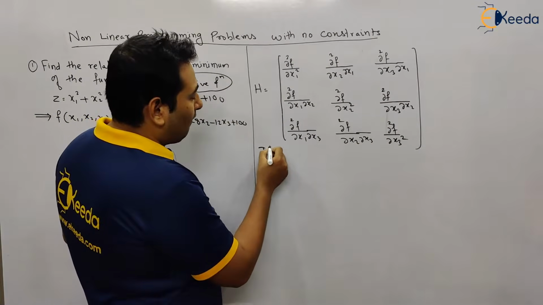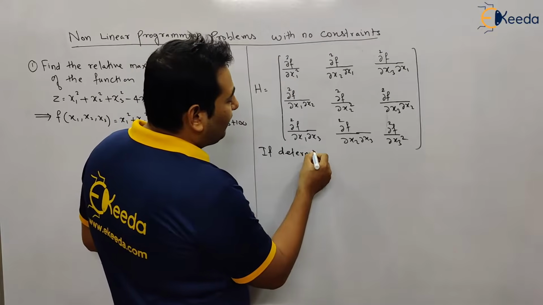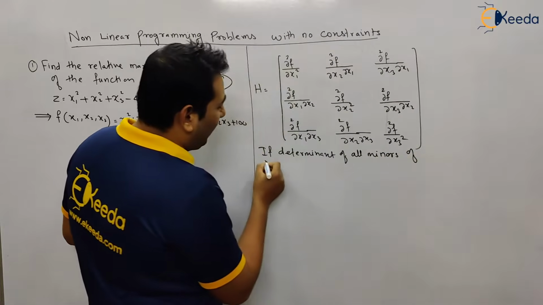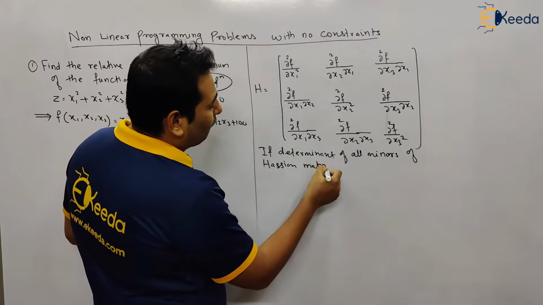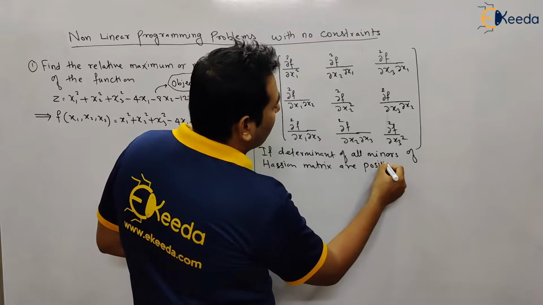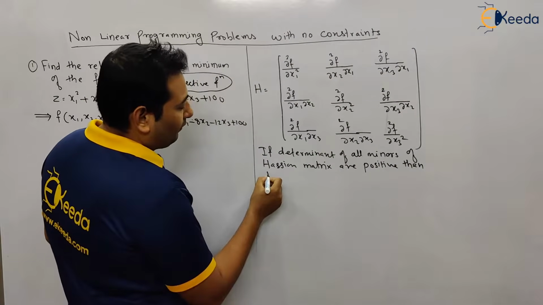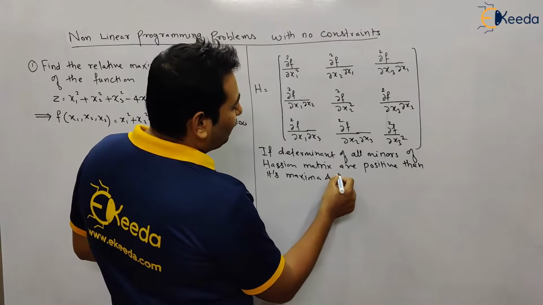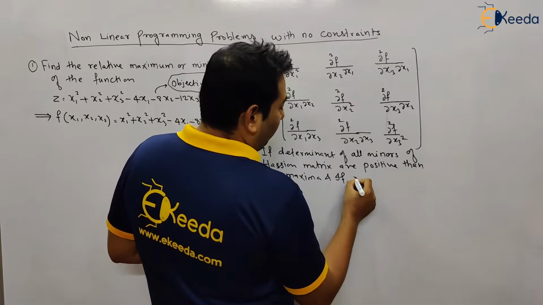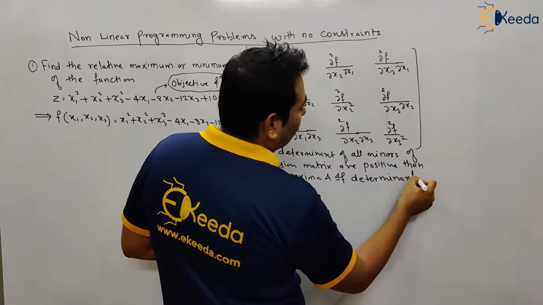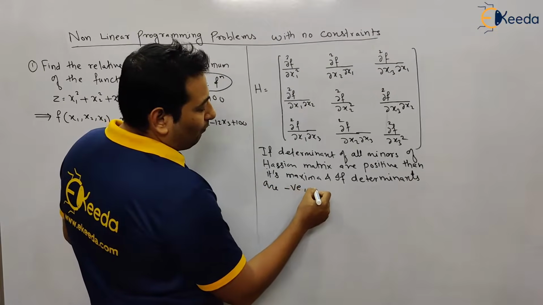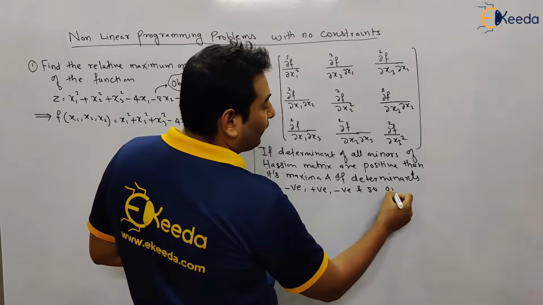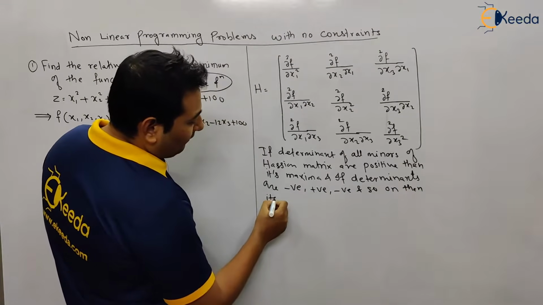Very important point, if determinant of all minors of Hessian matrix are positive, then it's minima, and if, this point is very important, and if determinants are negative, positive, negative and so on, that means alternate negative, positive and so on, then it's maxima.